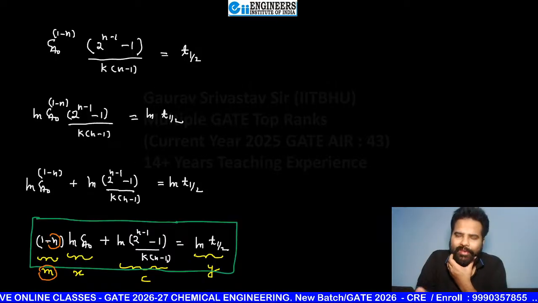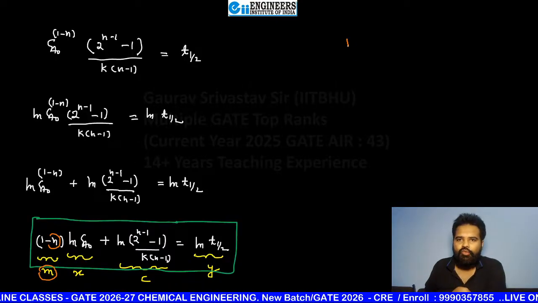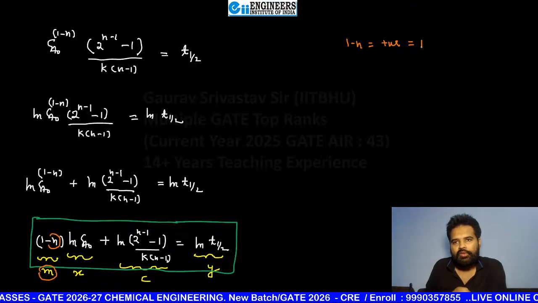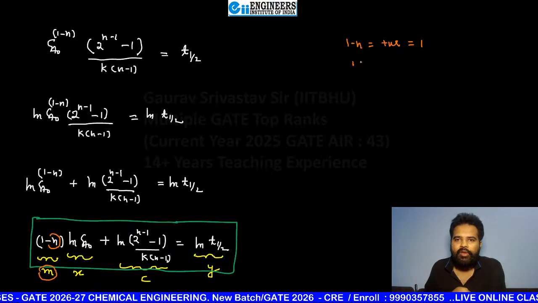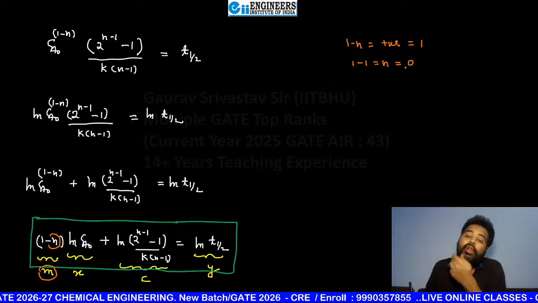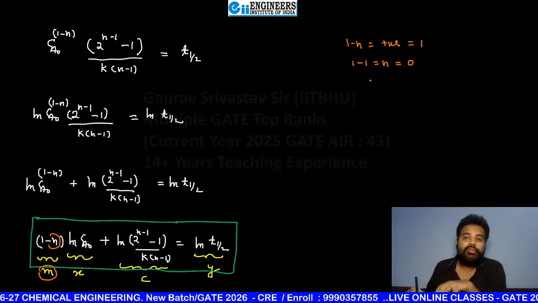Like suppose it is 1. So 1 minus n equals 1, so 1 minus 1 is equal to n. So this is 0 order.